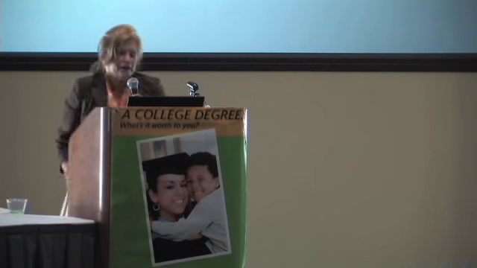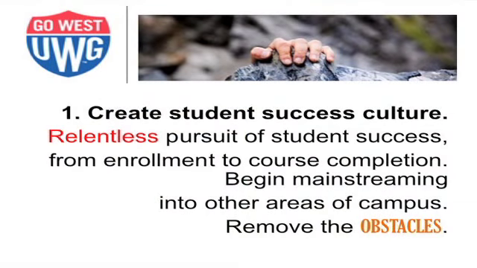Now, I'm going to go over 10 things like I said. Number 1 is to create an entire student success culture, and this is a really, really big deal. It's not little, and it's not just coming to a training session and talking about it and putting it in your strategic plan. It is like breathing, okay? It is everything you do. It is relentless. It is almost desperate. Oh, my goodness, somebody's going to withdraw from my class.